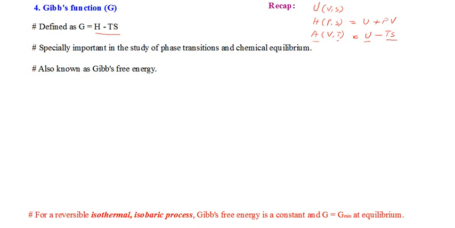Similarly, I can say the Gibbs free energy G, whose natural variables are pressure and temperature, is obtained from H, from enthalpy, whose natural variables are pressure and entropy.